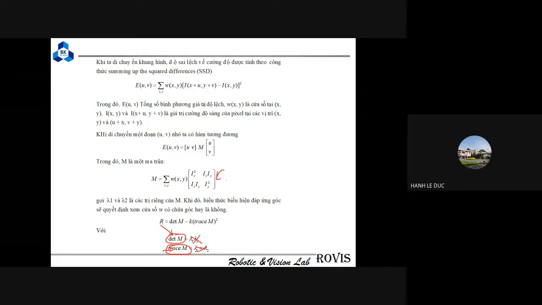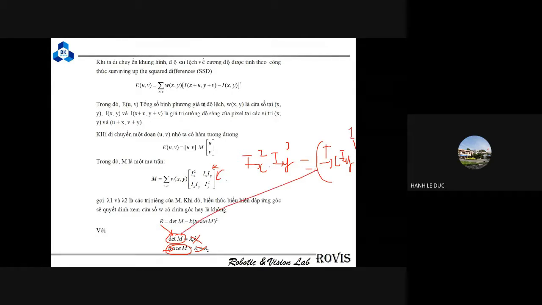So the determinant of this matrix is very easy, right? Just Ix squared multiplied by Iy squared, and minus IxIy squared. So this is the determinant. Okay, determinant. And how about the trace?